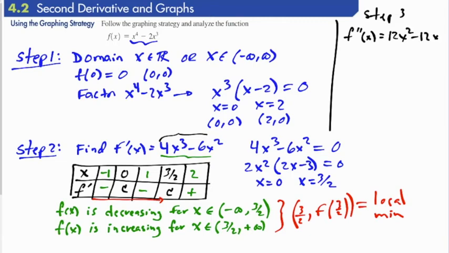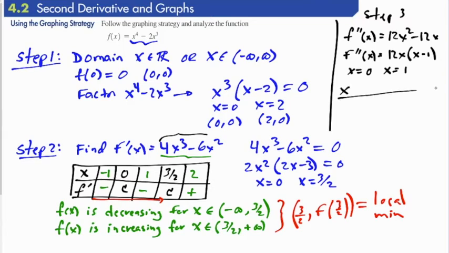And now we would like to analyze this. So f double prime of x can be factored as 12x times (x minus 1). And we can see that x equal to 0 and x equal to 1 are the values that cause the second derivative to equal 0. So these are our partition numbers.